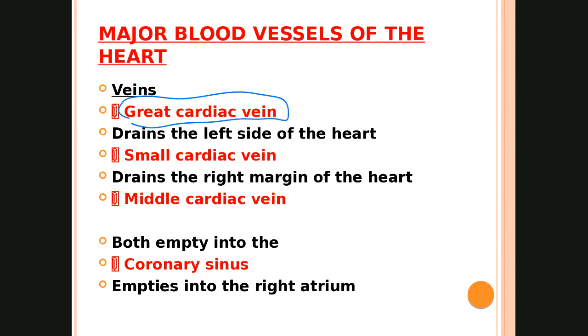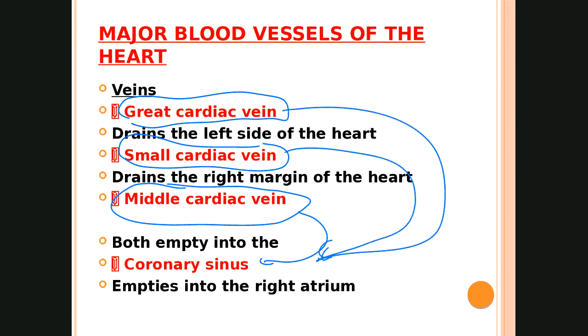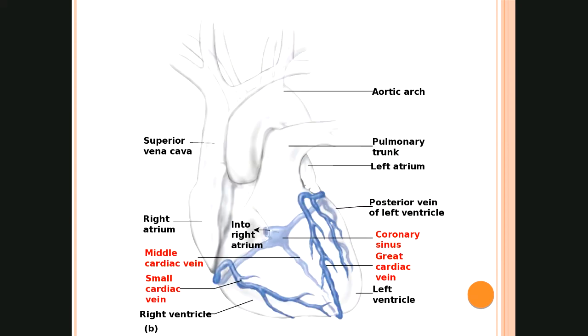The small cardiac vein drains from the margins of the heart on the right side, and the middle cardiac vein drains blood from the posterior aspect of the heart. All these blood vessels eventually deliver their blood to the coronary sinus. And remember, this is the vein that arrives at the right atrium. So let's look at the location of these blood vessels.